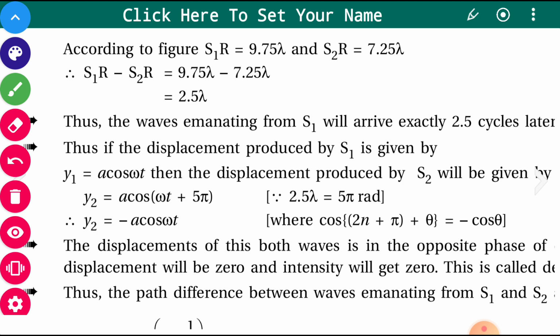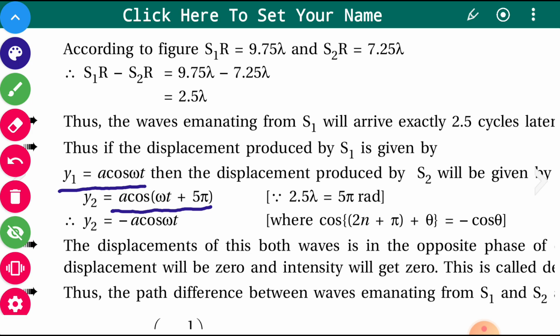Okay, now say for example y1 has the wave equation for the first source, y1 is equal to a cos omega t. Then y2 will be a cos (omega t plus 5 pi), because the second wave has reached earlier.